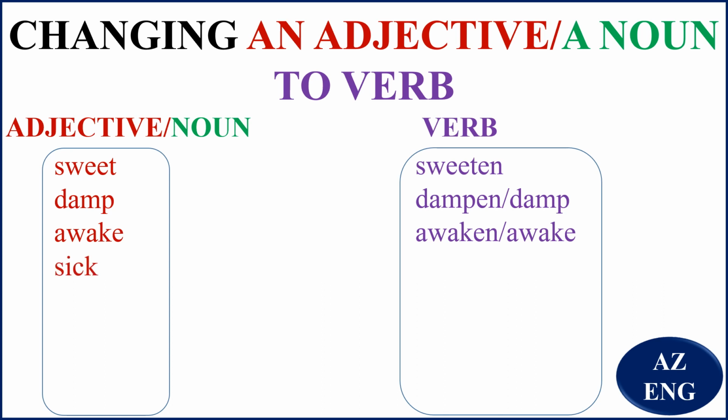Sick. So if you are sick, you are not healthy. The action we say what? The action we say sicken. That is, I say, for example, I sickened for 2 days. That is, I was not healthy for 2 days. Then, like. Here we are talking about like as an adjective.